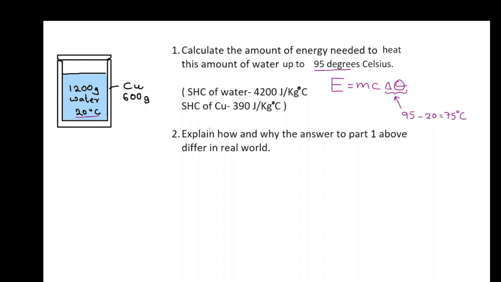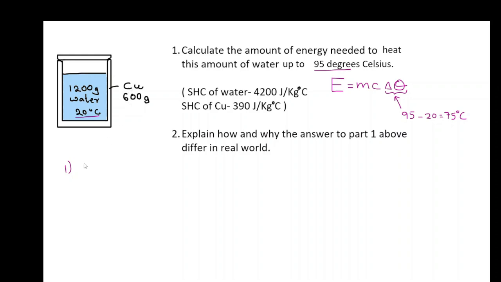Now, this question is a little tricky because the question is not only asking about the amount of energy for water. The water is already in a copper container. You cannot practically heat just water to 95 degrees because the copper will also absorb energy, because it's in what we call thermal equilibrium.